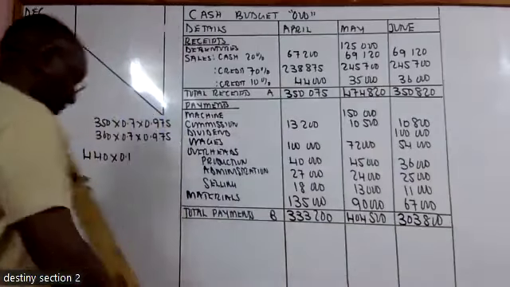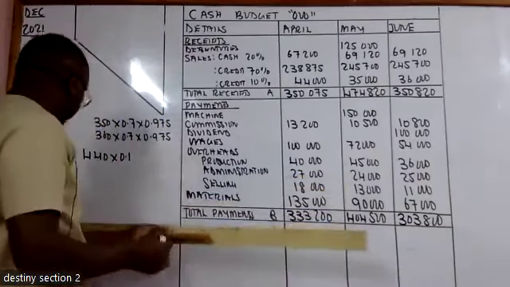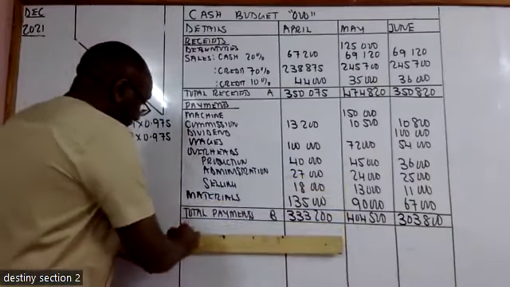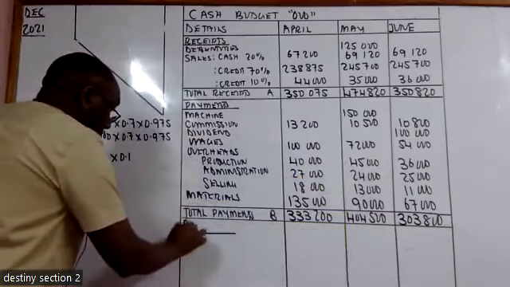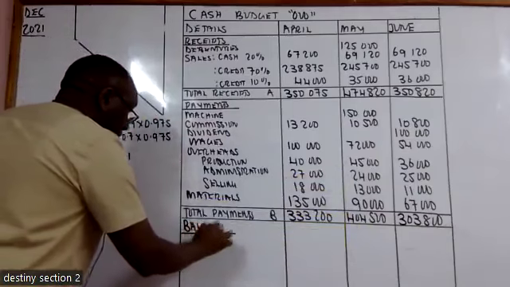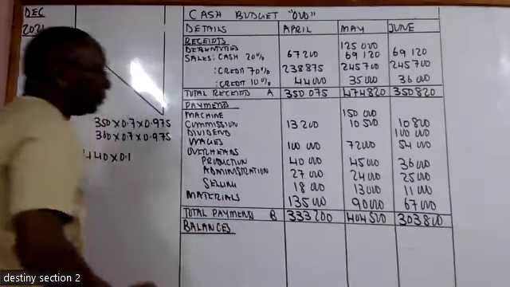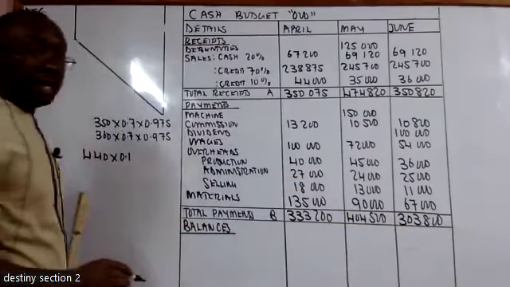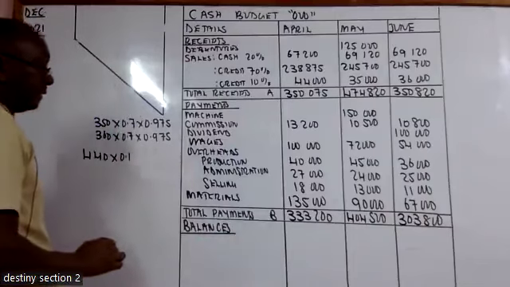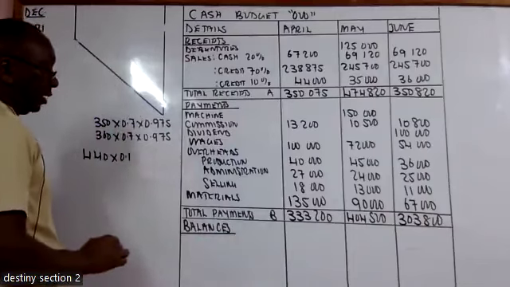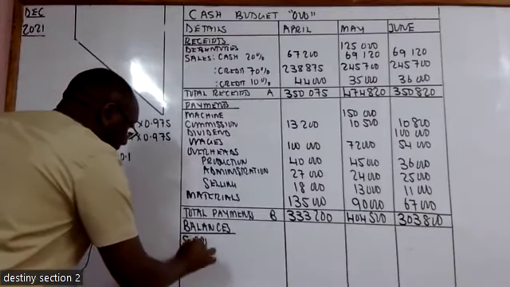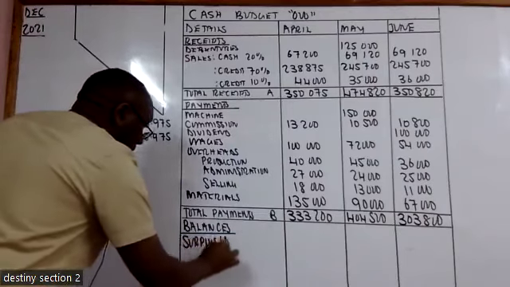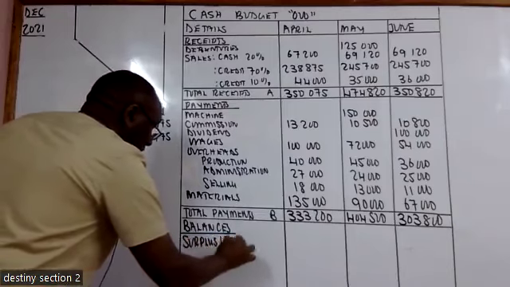So with that, we now get the balances. Getting the balances, we get the surplus or the deficit.